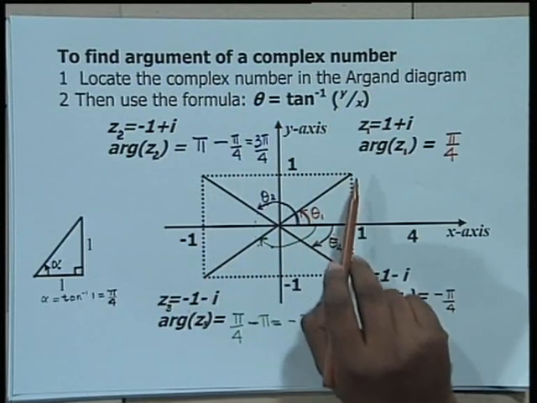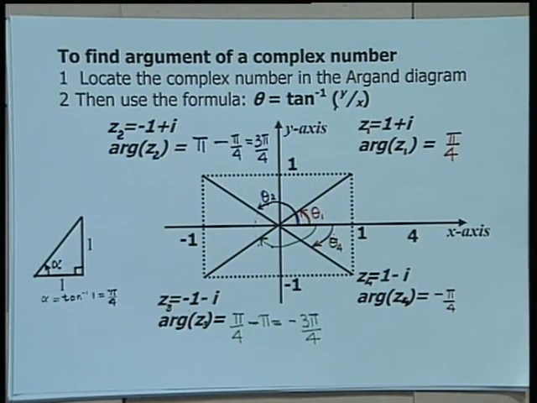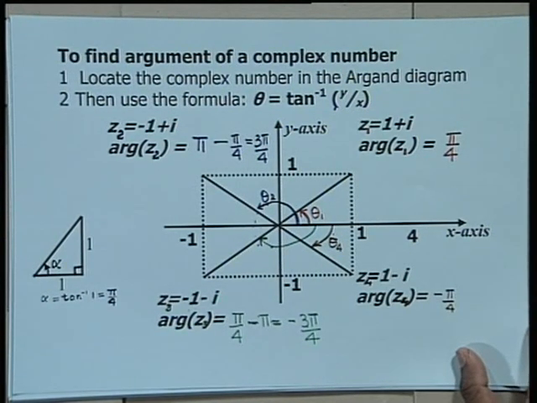Therefore, note that all these four complex numbers have the same modulus, root 2, but their arguments are different. Therefore, it is very important that whenever you have to find argument, you locate the complex number on an Argand diagram and then find the argument.